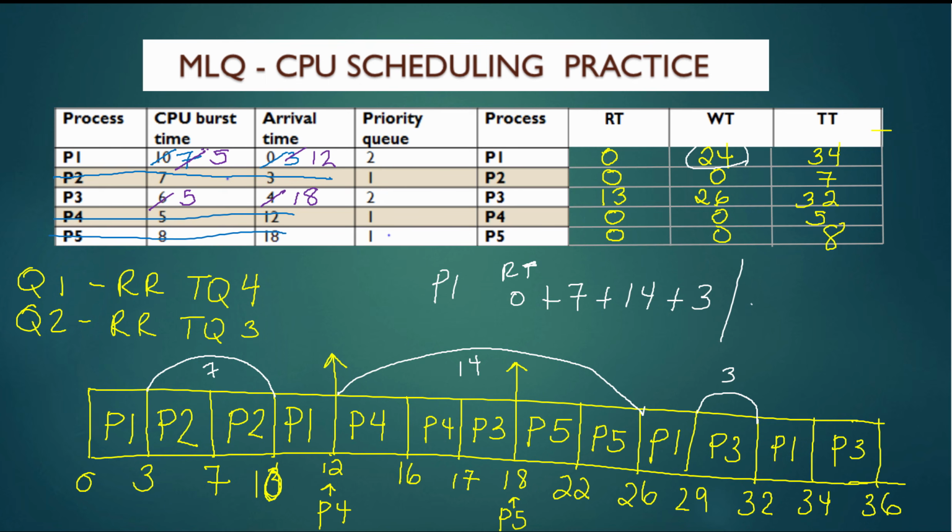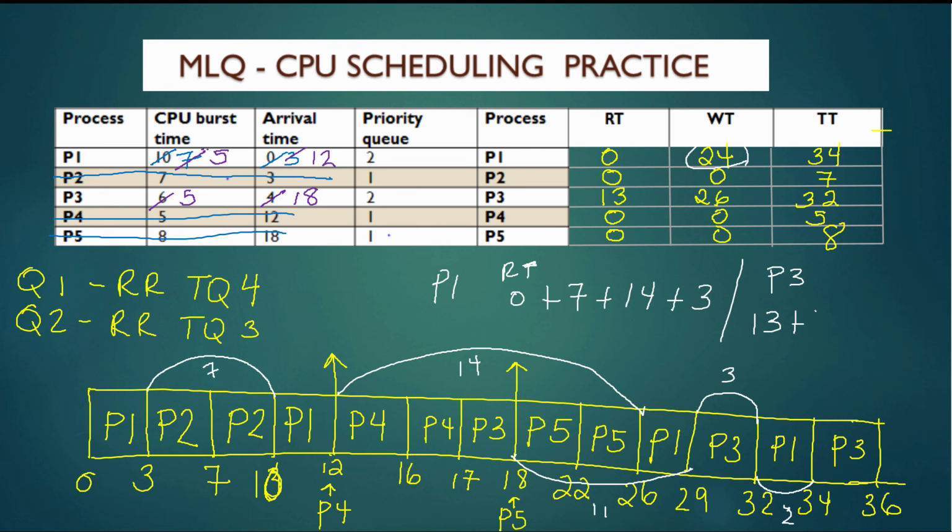And if you wanted to do the same thing for P3, you would take the response time, which is 13 time units, and then you would add any other time that P3 waited, which is 11 more time units here, and then 2 more time units here.